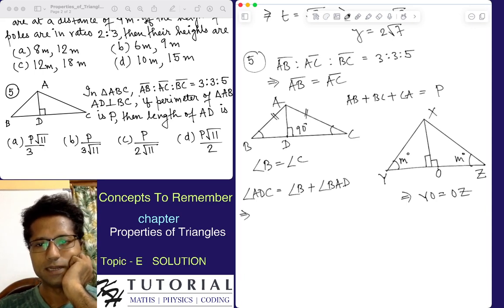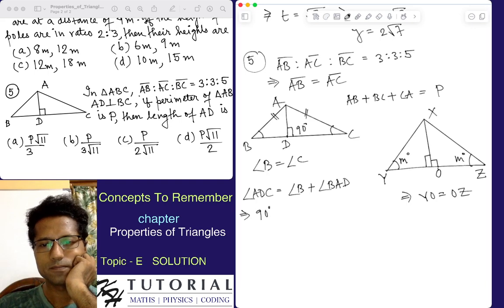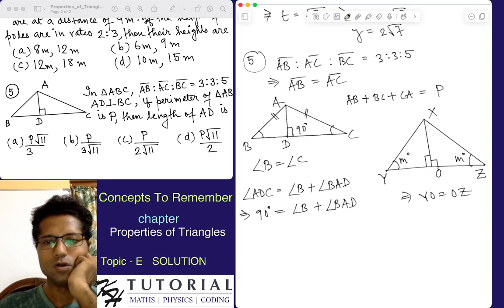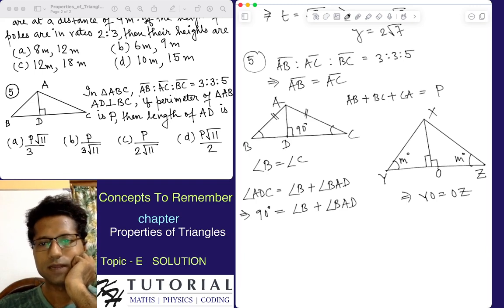So angle B plus angle BAD equals 90 degree.